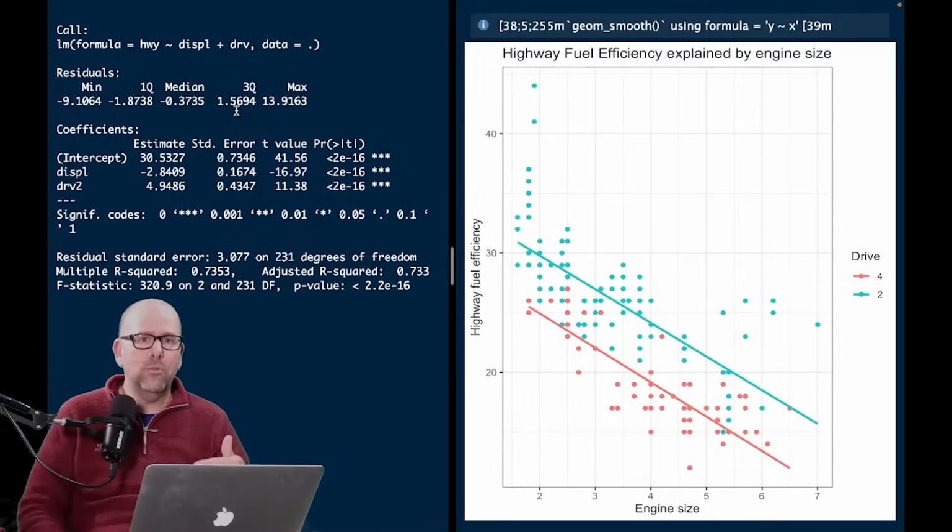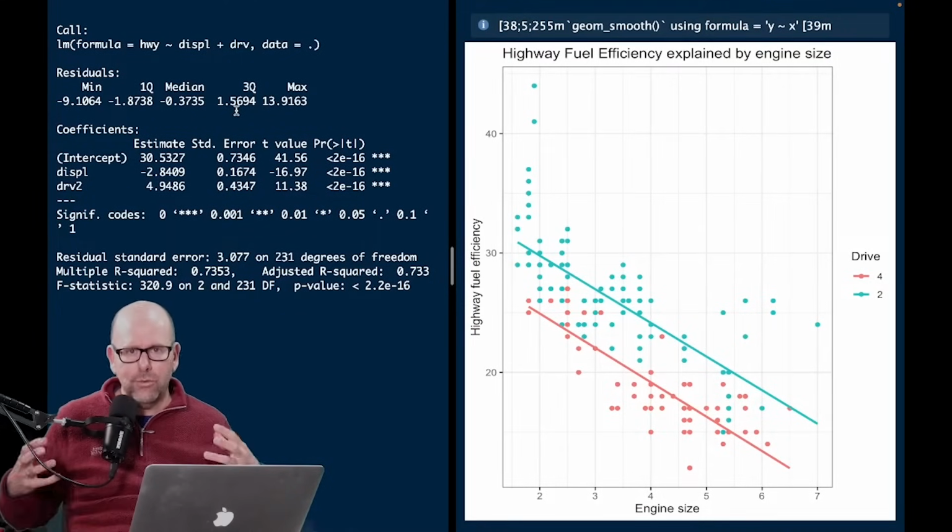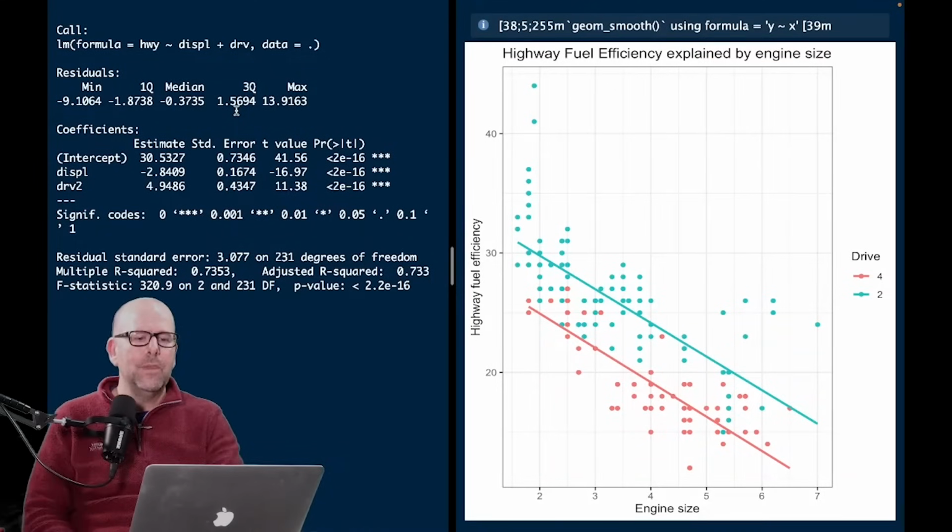There are automatic ways of getting to that answer, but selecting the variables that go into your model also needs to take a lot of common sense, and needs to include your understanding of the subject matter and the relationships between the variables. So you've got to bring a lot of yourself and your insights into the analysis at that point in the game. Okay, so we've talked about adding a categorical variable into our multiple regression.